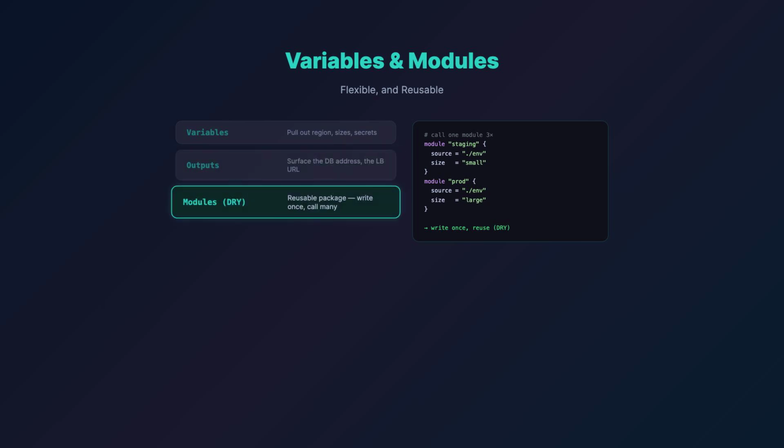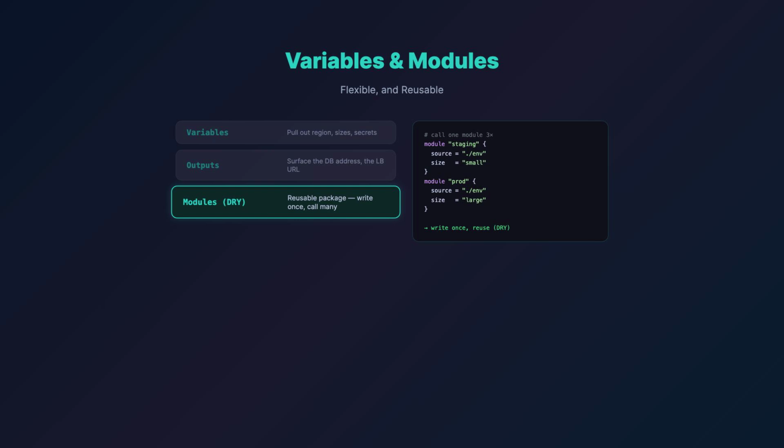Second, and this is the big one, modules. A module is a reusable package of Terraform, a folder of resources you can call over and over with different inputs. Instead of copying the same 50 lines to make 3 environments, you write a module once and call it 3 times. It's the exact same principle as functions in programming.